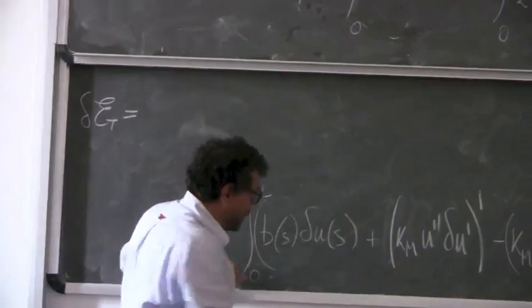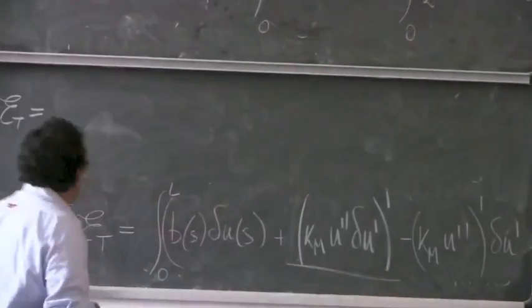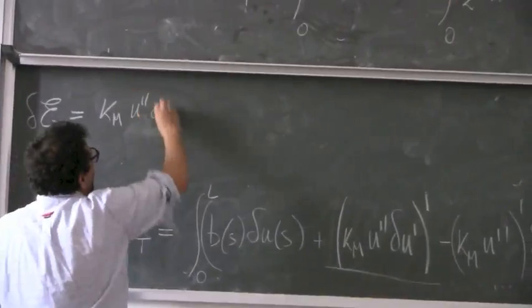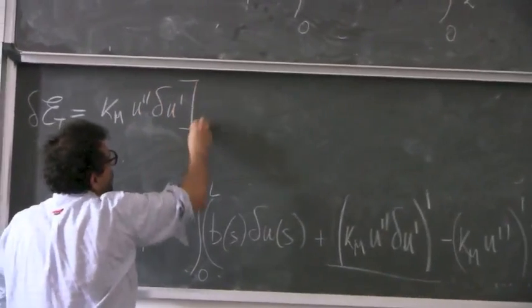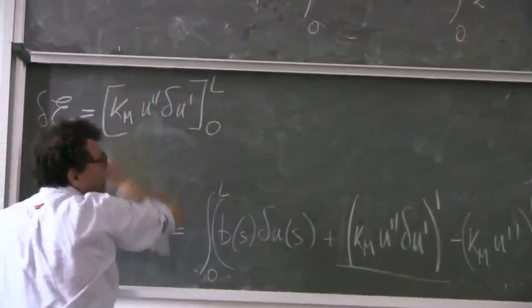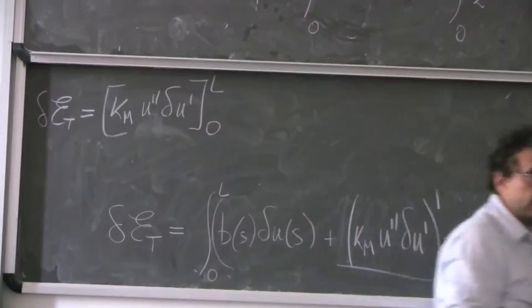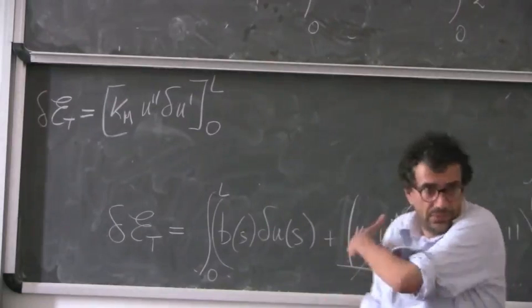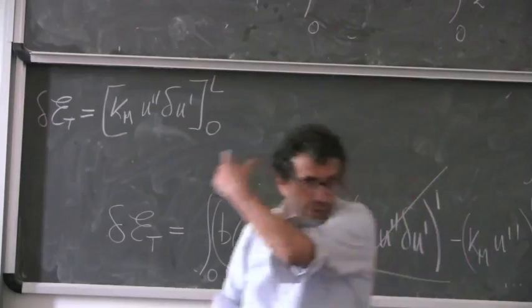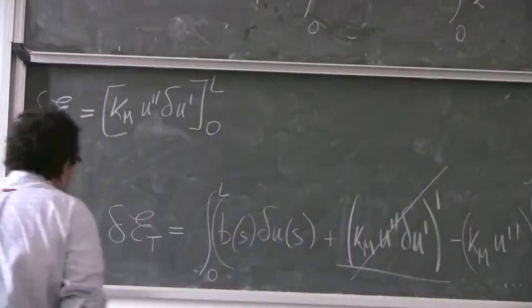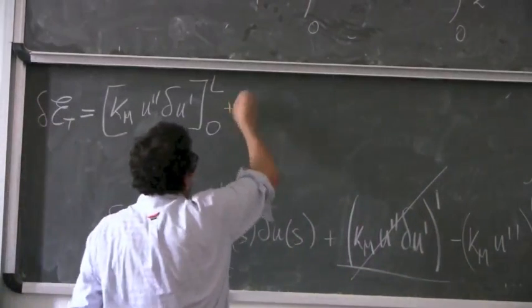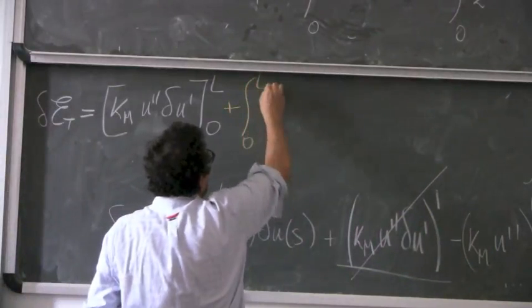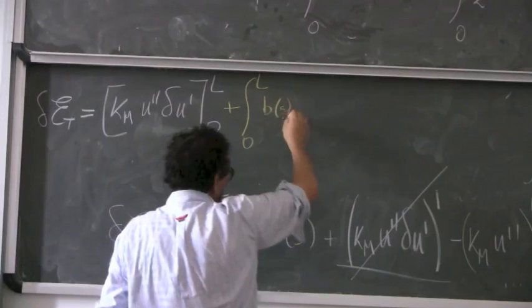So this integral is equal to Km u second delta u prime between 0 and L. We got rid of this. I mean, this is not zero. We have the expression of this. Then this animal here is always the same, and we leave it without changes.